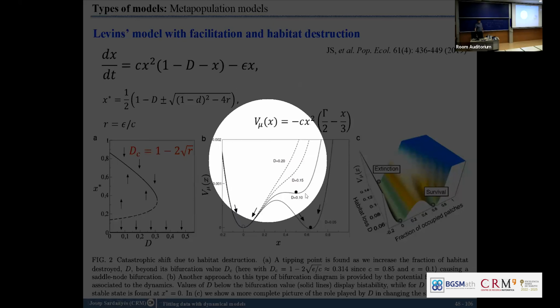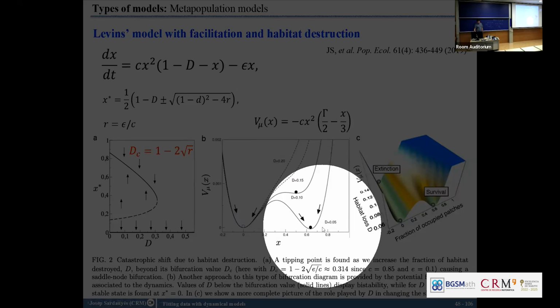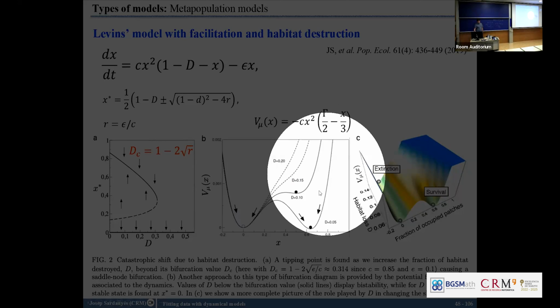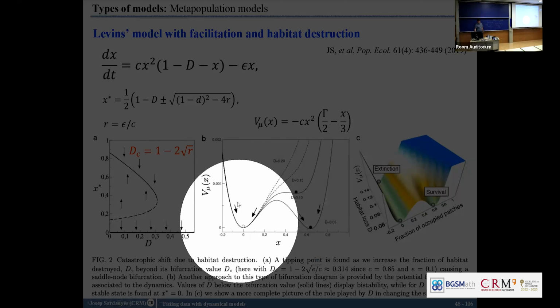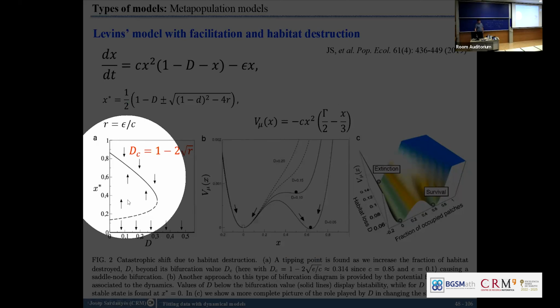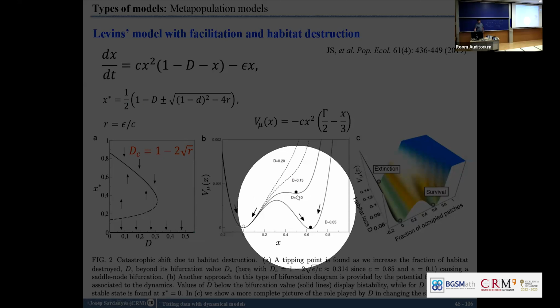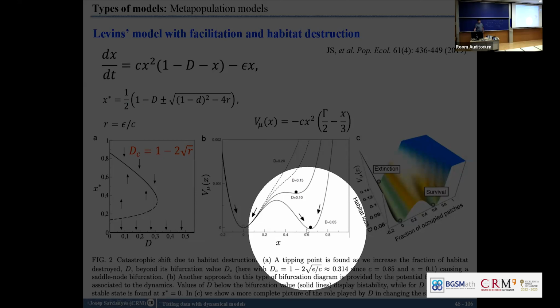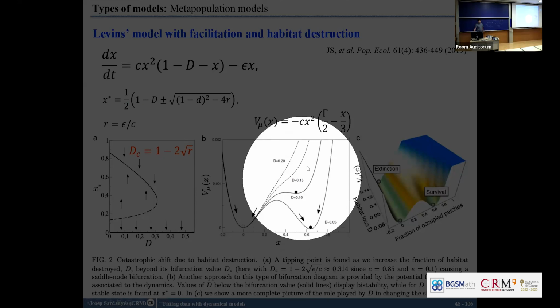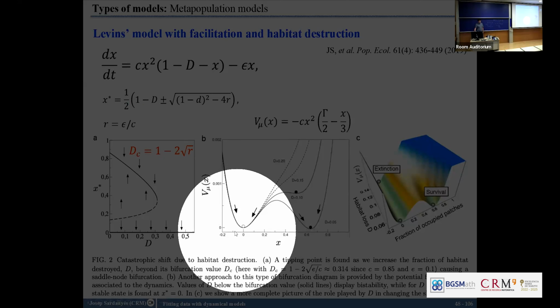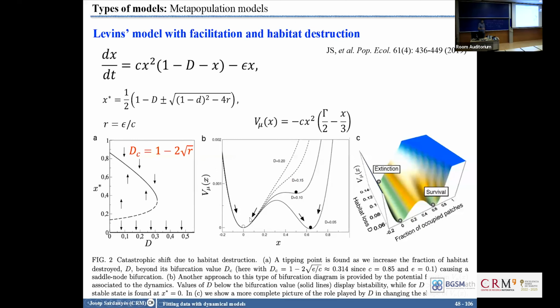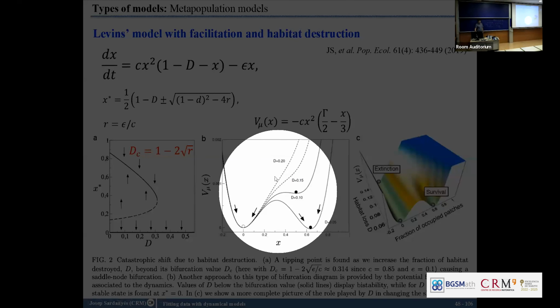And here we can see that when D is very small, we have 2 very well-defined wells that are describing this situation in which we have one stable equilibrium involving survival of the population and another one involving extinction. If we increase D, this well here starts increasing, and at some point, it turns out that we only have one single well, which is extinction, and here we have the saddle node bifurcation.